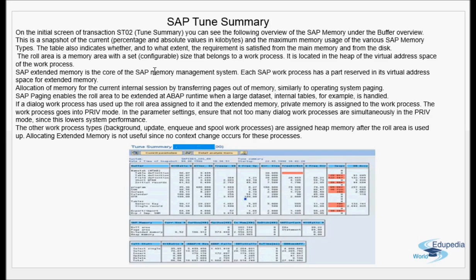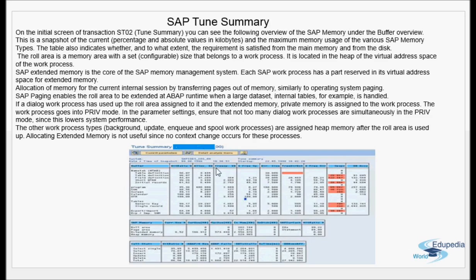If the dialog work process has used up the roll area assigned to it in the extended memory, private memory is assigned to the work process. The work process goes into priv mode. In the parameter setting, ensure that not too many dialog work processes are simultaneously in the priv mode, since this lowers system performance.